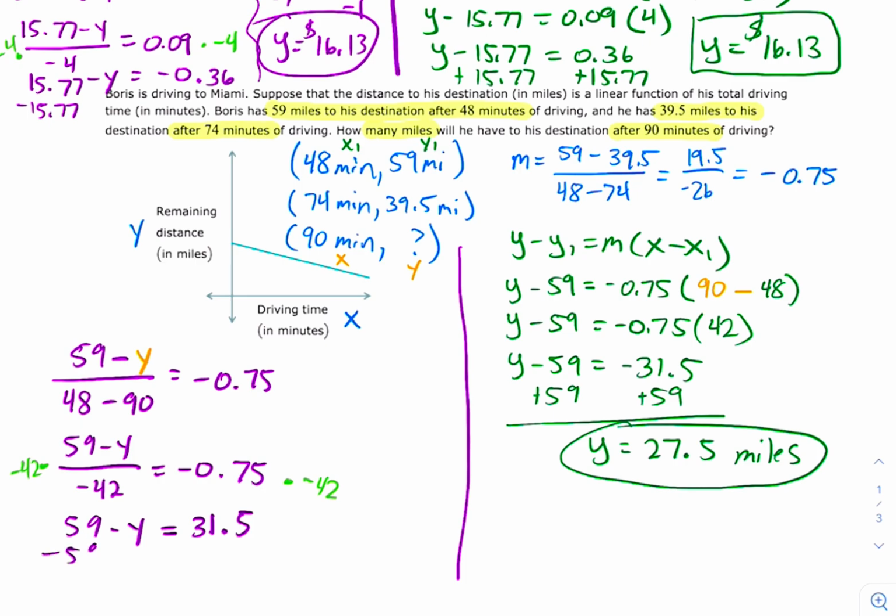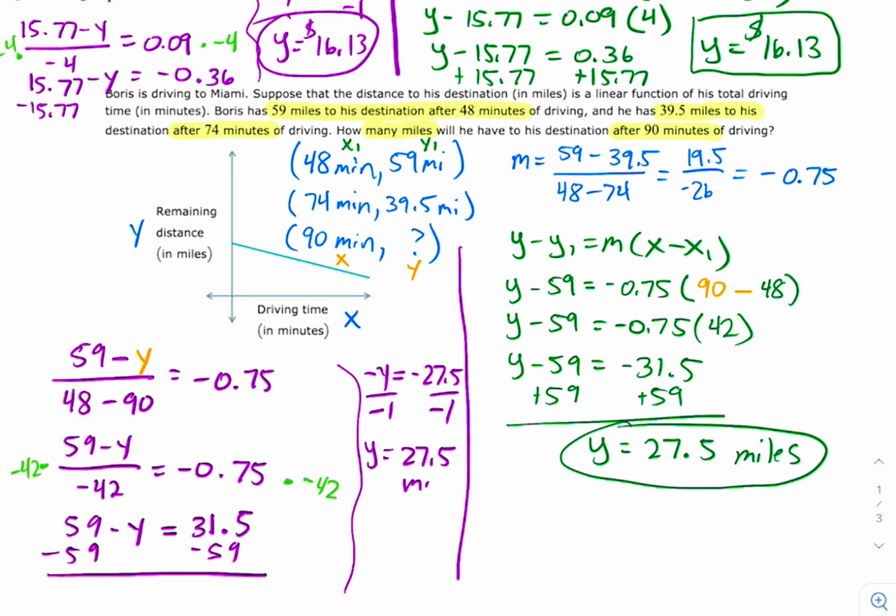And then I would subtract my 59 over. So that is going to give us negative y equals negative 27.5, and then we are dividing by that negative 1. So either way, we are ending up with the same final answer. And that is going to conclude this video.